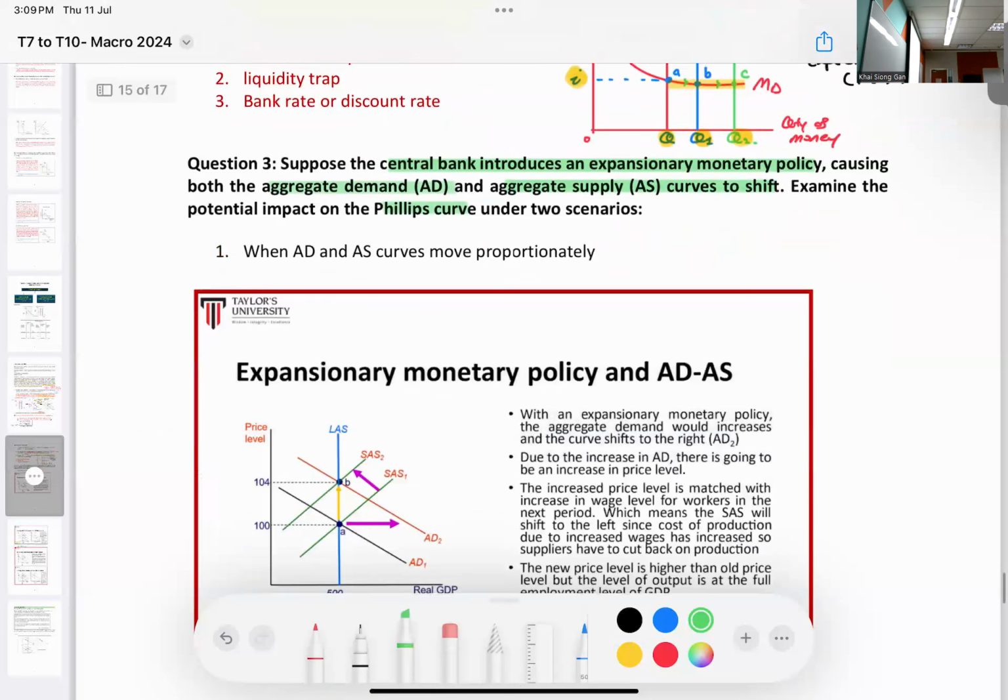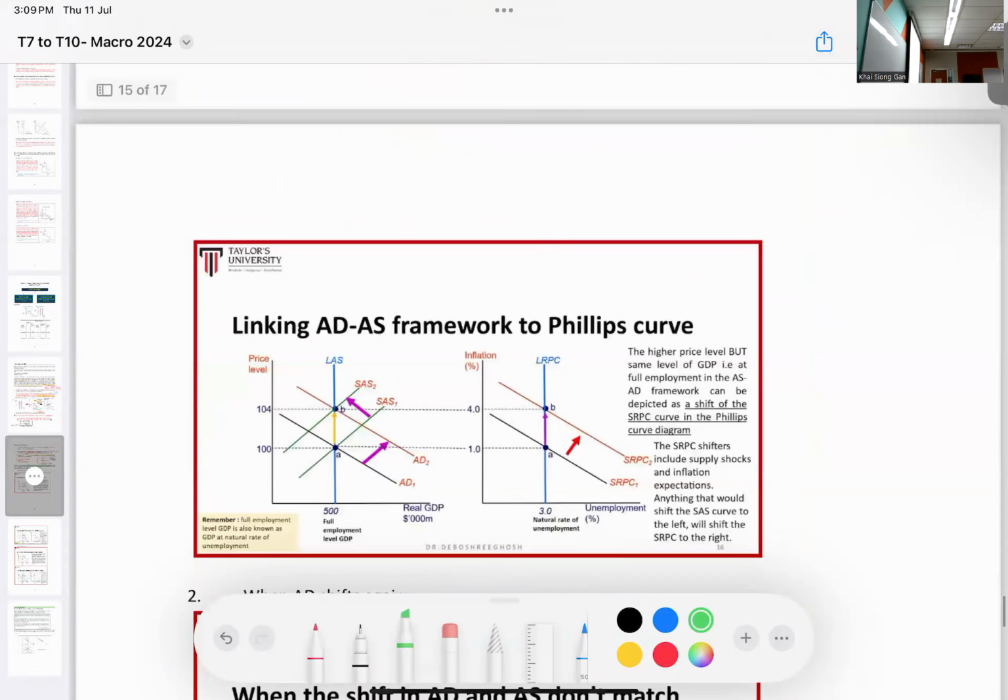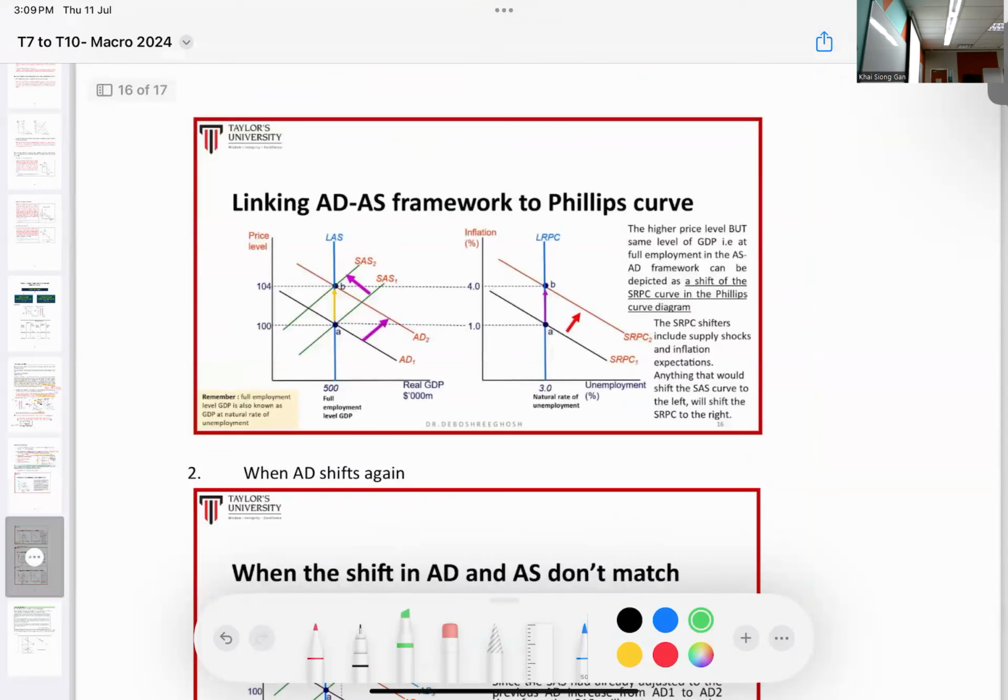Now, same thing. This is similar to the answer that we talked about in the Phillips curve. If we assume that aggregate demand and aggregate supply shift by the same proportion, then it's easy to analyze. If it's shifted by the same proportion like this one, very easy.